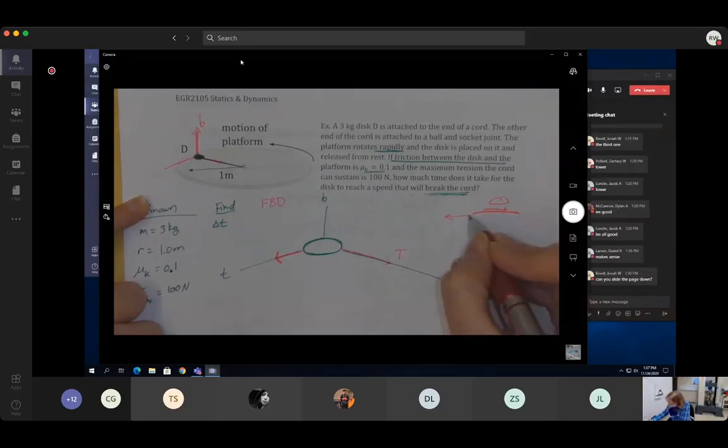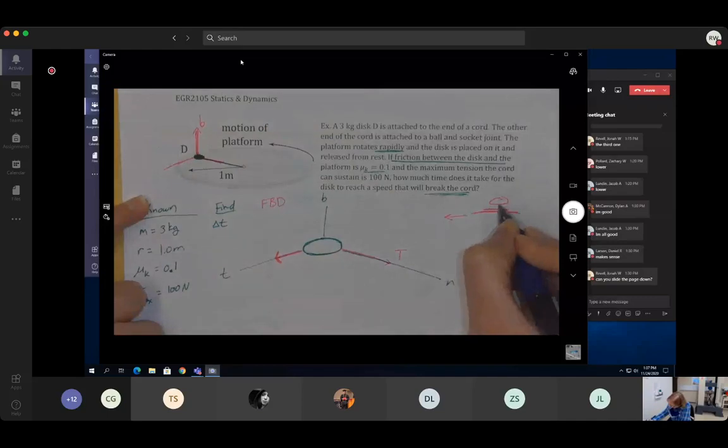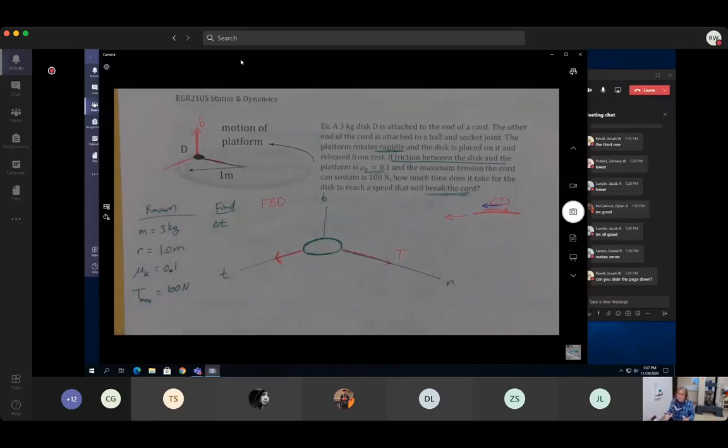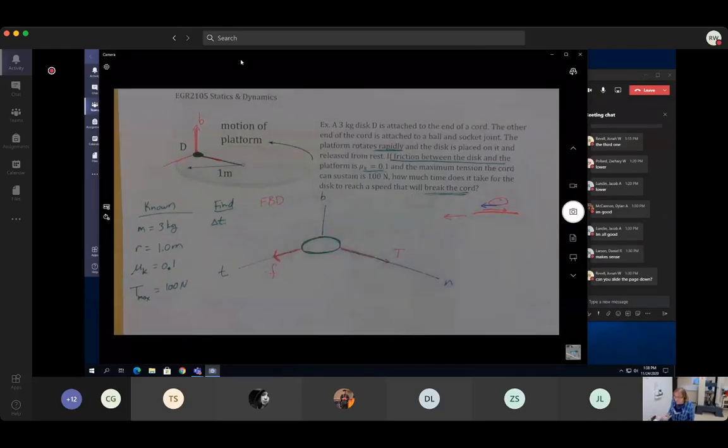The friction resists the movement of the platform, but that means an equal and opposite force is being exerted on the disk. And so our friction is actually in the direction that the platform is moving. Does that make sense? Yeah, that makes sense.